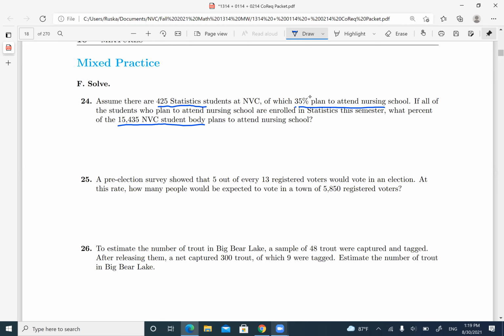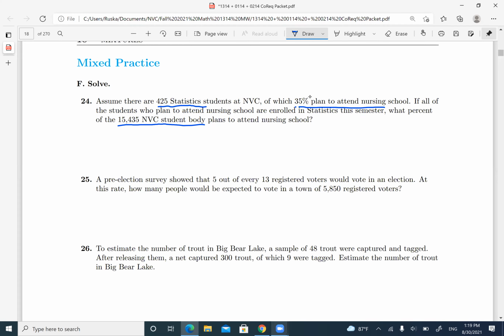So in Northwest Vista, we have 15,000 people, right? 15,000 students. Okay. We have also 425 statistics students, right? Yes. Don't you have to subtract 15,435 by the 425 statistics students? I think.